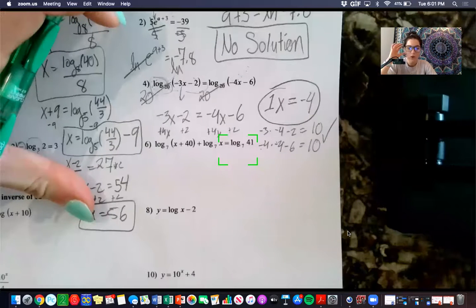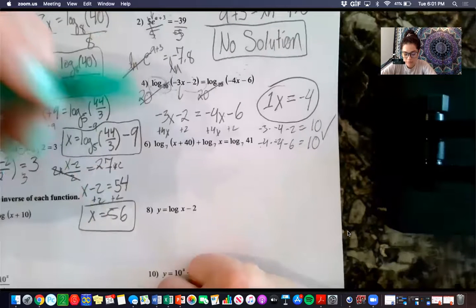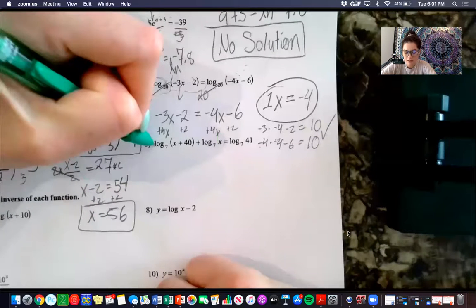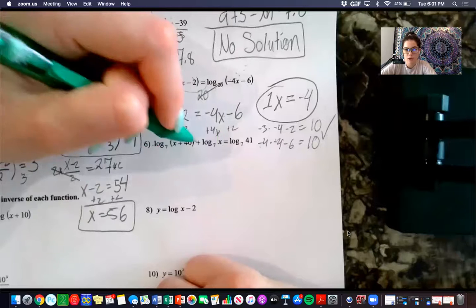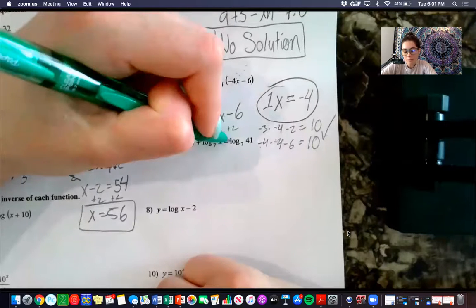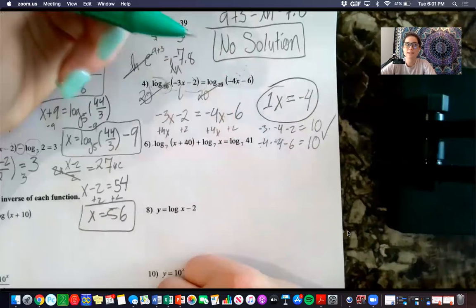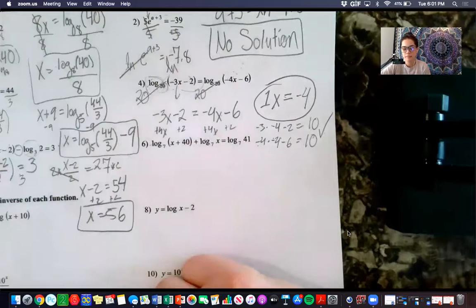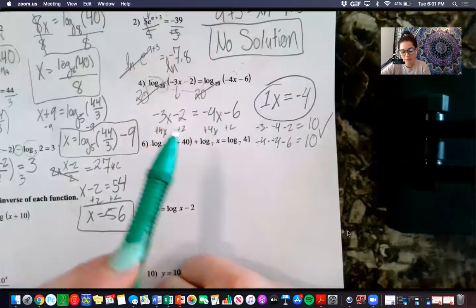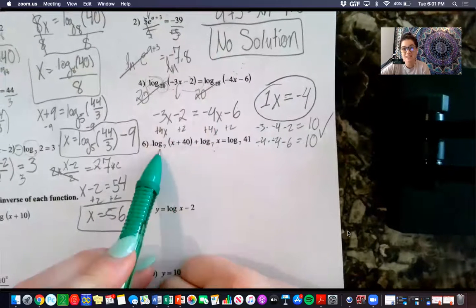Okay, so I see that we've got 2 components that have x in it that I am taking the log base 7 of, and then I've got log base 7 over here as well. I don't want to move this over because it doesn't have any variables, right? Remember, I'm trying to isolate the variable, so everything else needs to move over. Just leave that there. I will, however, combine both of these pieces because they both are a log base 7 and they both have an x in it.